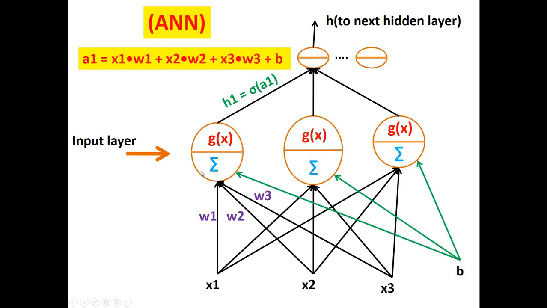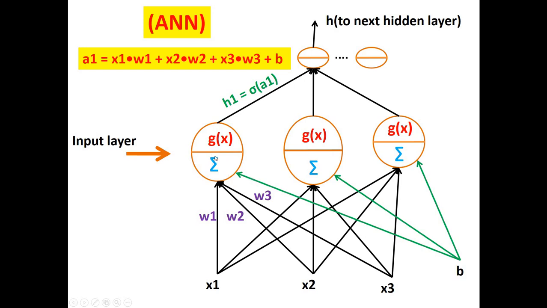What is a neuron? It is a mathematical manipulation creating an artificial neuron. It is a summation plus an activation function. What is summation? Simply adding x1 w1, x2 w2, x3 w3, and there is a bias involved, plus B. So it's basically a summation of all these 4 inputs.